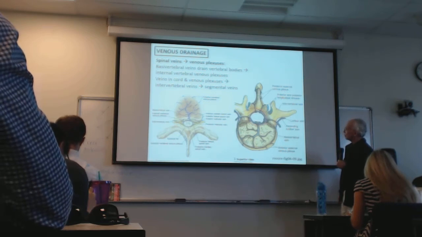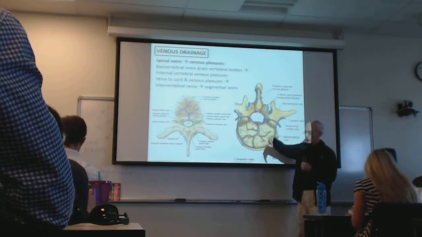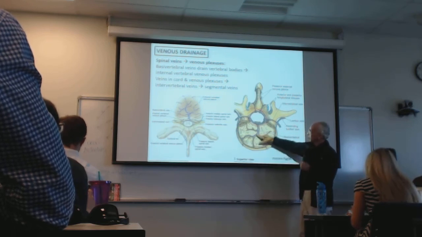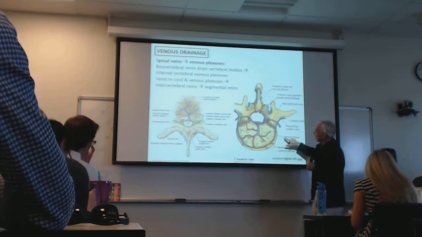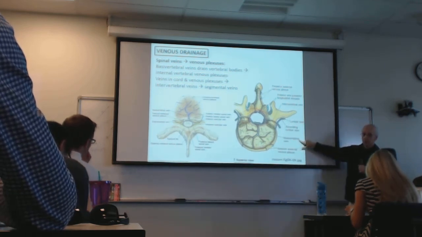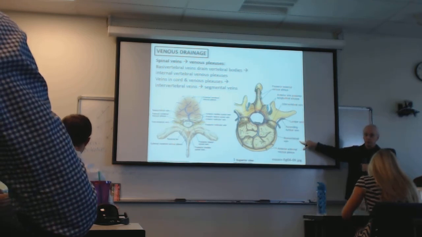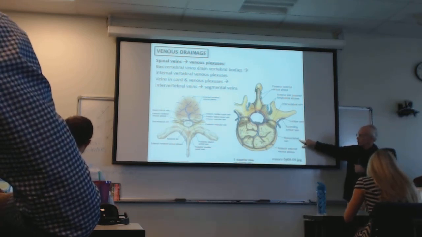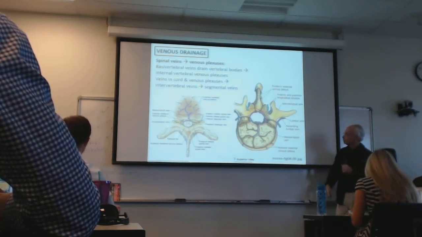The only specific anatomical vein that I want you to know is this large reticulating drainage vein from the body called the basivertebral vein. I'm supposed to say basivertebral, but I always say basivertebral because it sounds haughty and pretentious to say basivertebral. But I'm told that's the correct pronunciation.